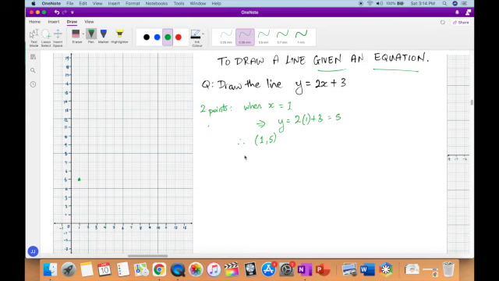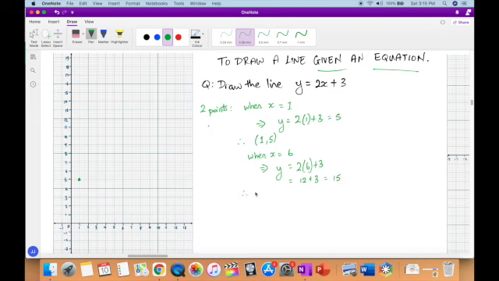Now let's go for a second point. And the second point is when x equals, let me try 7. No, let me try 6. When x equals 6, this implies that y is 2x plus 3. Right? So 6 2s are 12 plus 3, which is 15, is it?